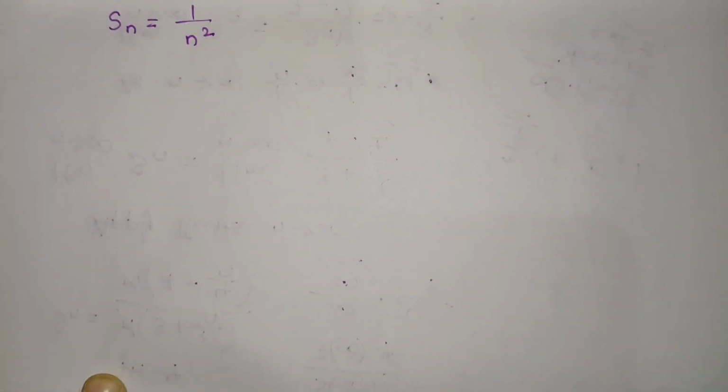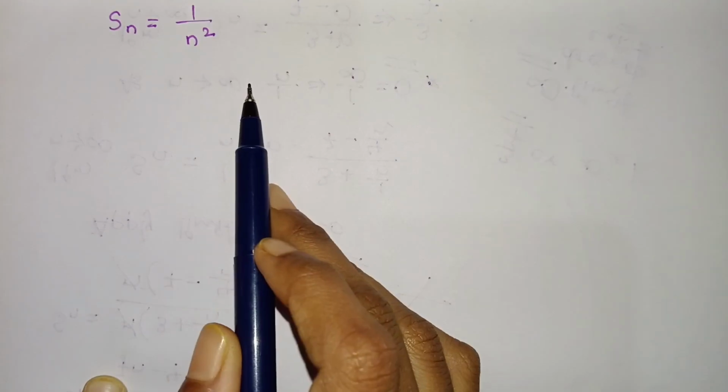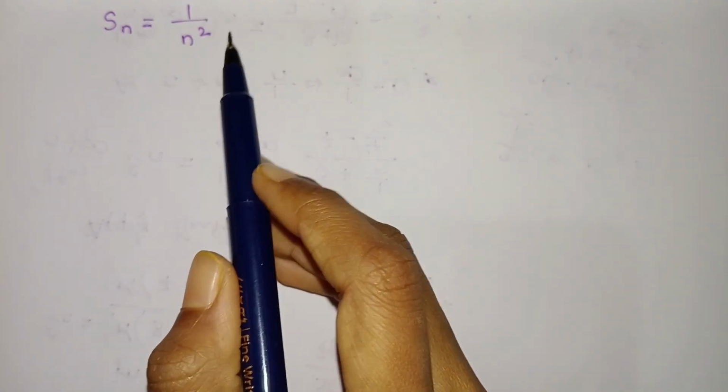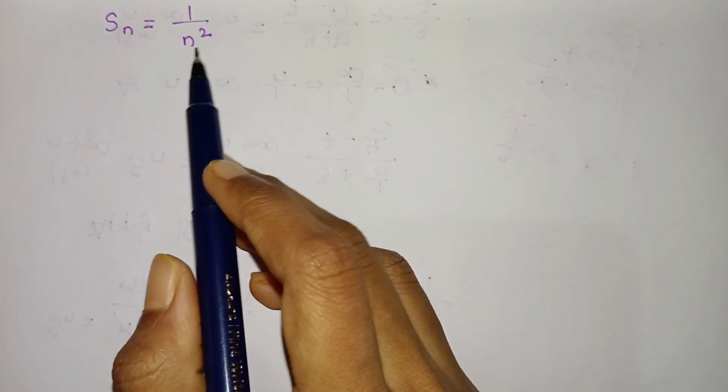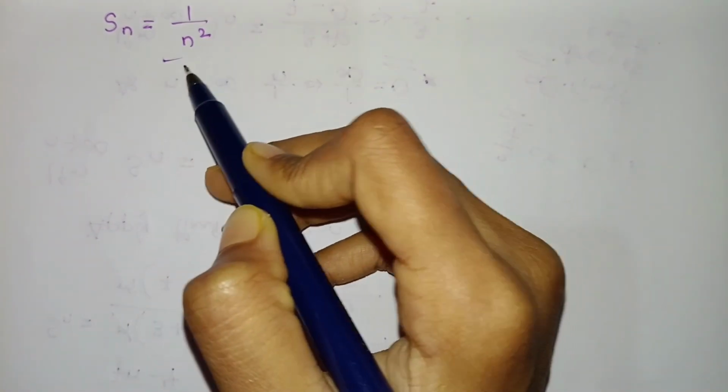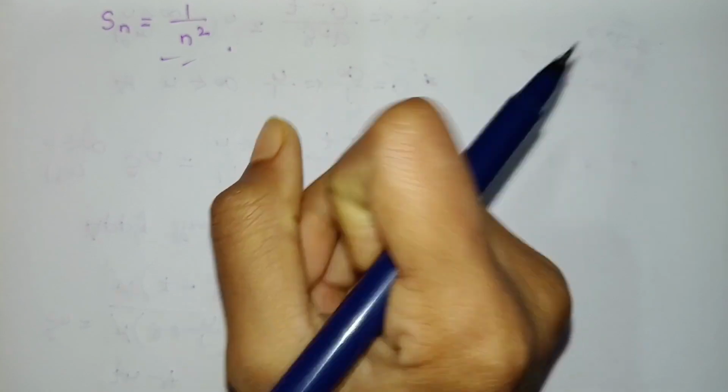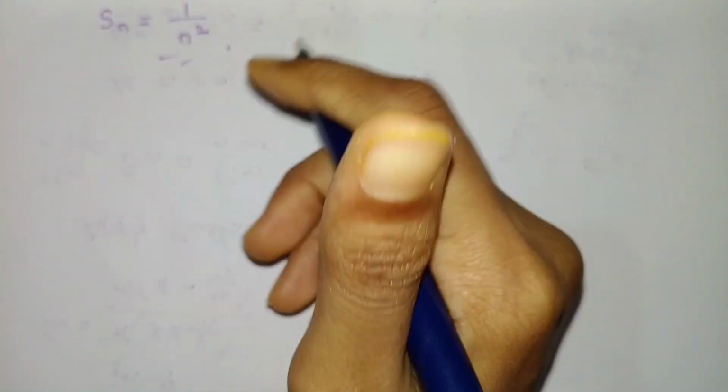Now let's do another question. Sn equal to 1 by n square. Here also we need to substitute infinity in place of n. So here n is in the denominator, so no need of cancelling it, we just need to substitute infinity in place of n.